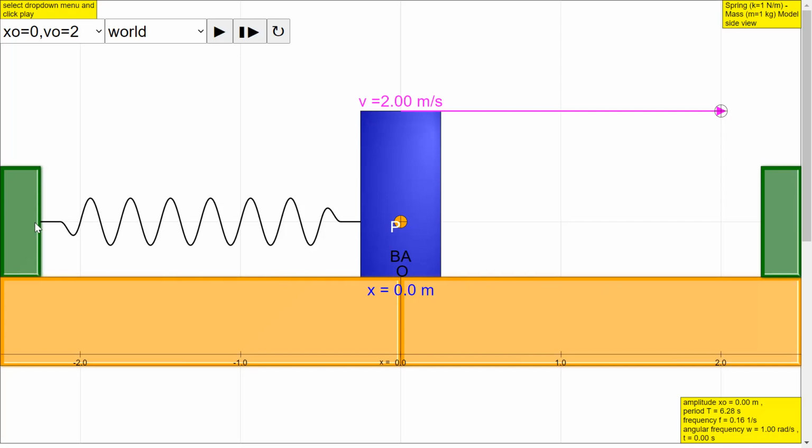The left end of the spring is held fixed, and the right end is attached to the body. The spring force is the only horizontal force acting on the body, while the vertical normal and gravitational forces always add to zero.